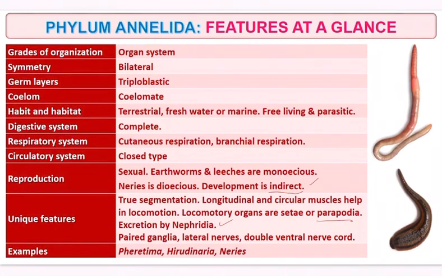Reproduction is sexual, cleavage spiral and determinate. Larvae, this is important, we said development is indirect. That means there is presence of larvae, and sometimes they will ask you the name of the larvae, trochophore. You must remember the larva name is trochophore. And regeneration also is there.